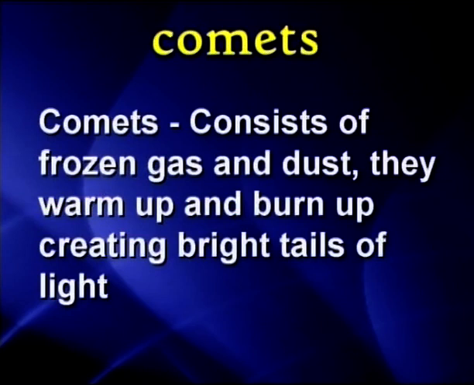Okay, comets are wandering objects in space, and they are frozen gas and dust. And when they warm up, they burn up, creating bright tails of light. Okay. In your own time, you can do research to find out more about comets.